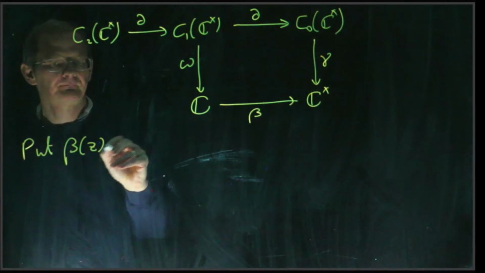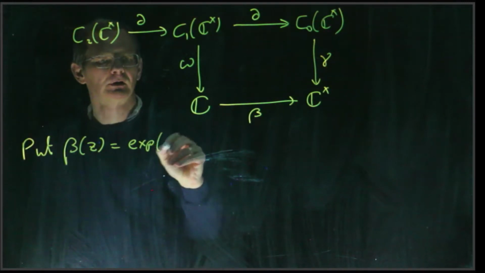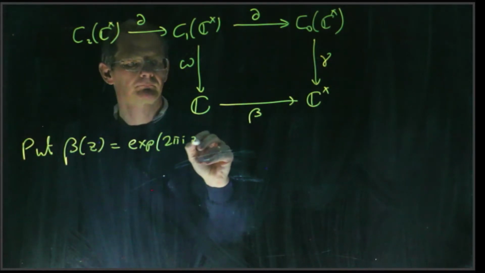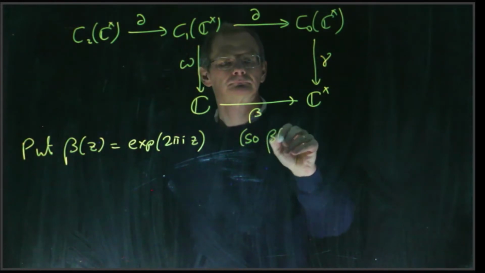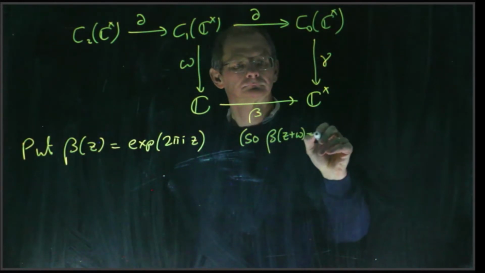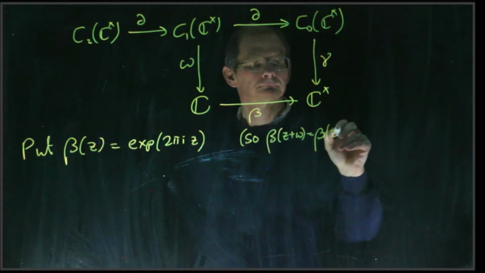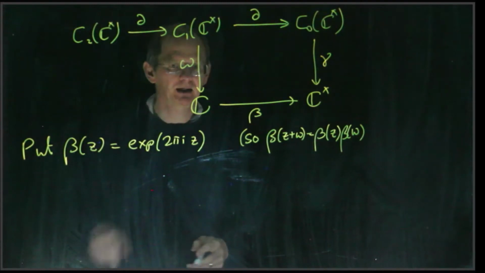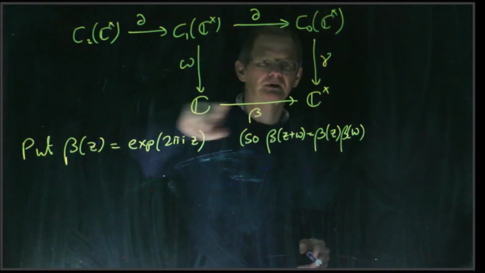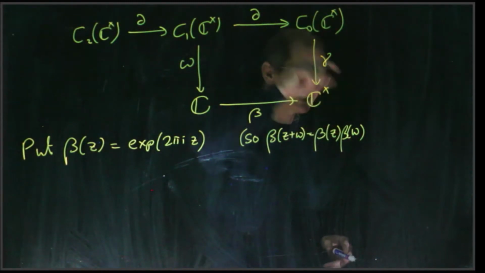Beta of z is just going to be the exponential of 2 pi i z. So it's a homomorphism in the sense that here I'm going to regard this guy as a group under addition, this one as a group under multiplication.